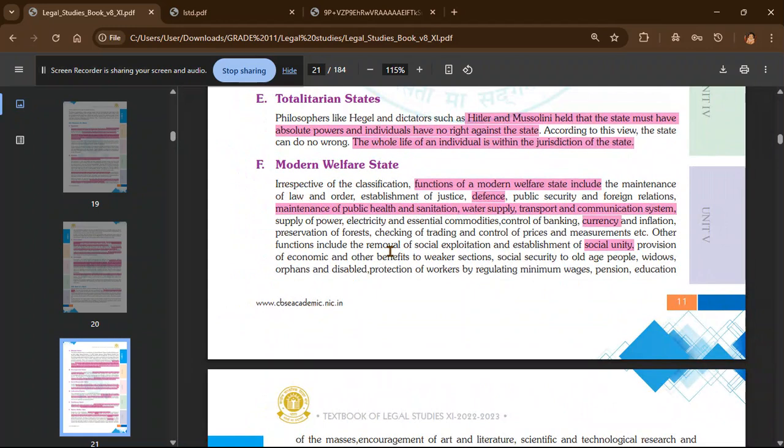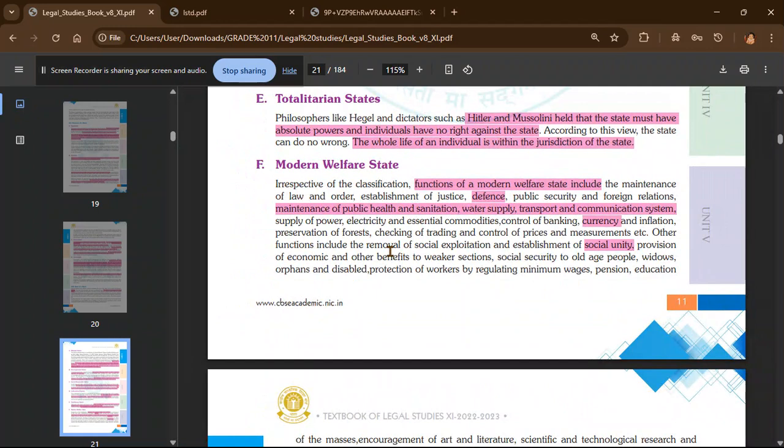Only the ruler or the dictators of the state have the power, and individuals have no right against the state. And according to this view, the state can do no wrong. Means who is the state? The state is the dictator basically. So according to this view, the dictator can do nothing wrong. He or she is always right, irrespective of any policy he or she introduces.